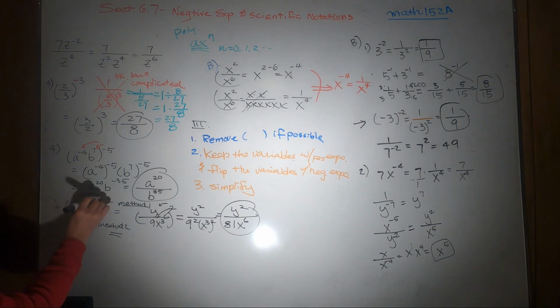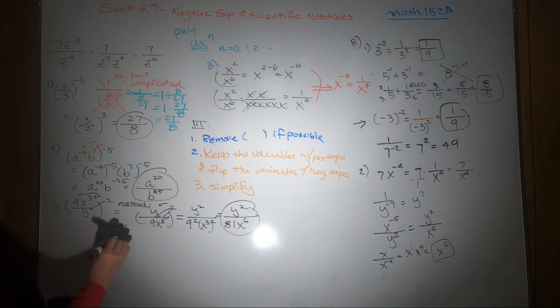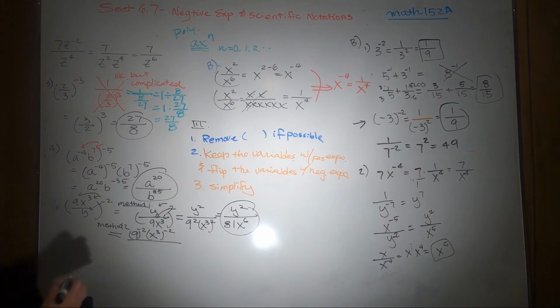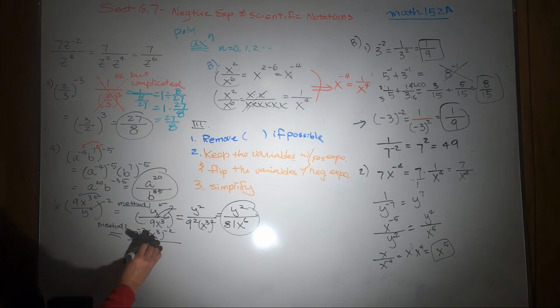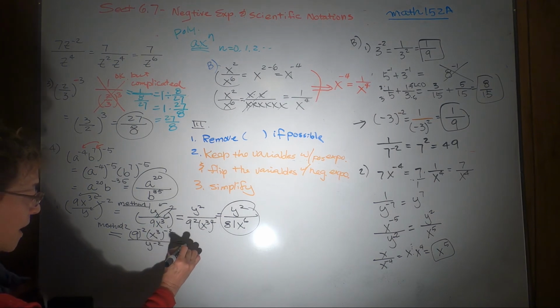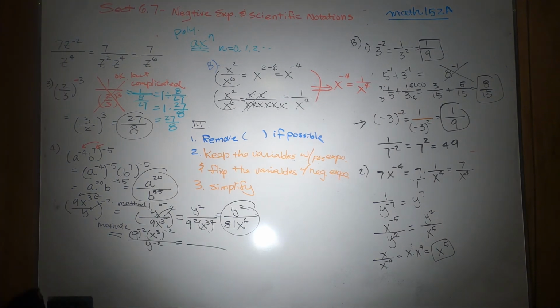So we distribute the -2 to everybody. So you have 9 to the -2, right? Then x cubed to the -2, right? Then y to the -2. Then before we flip, we write each individual variable with its own power.